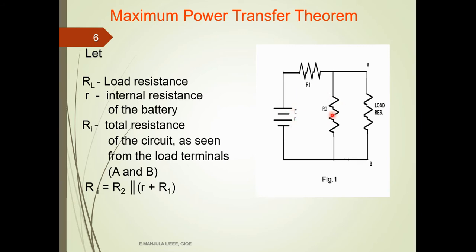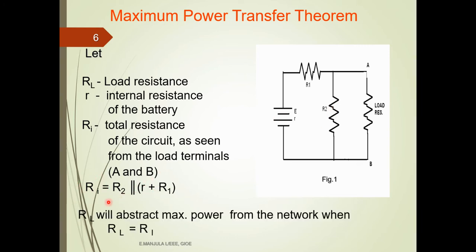When finding the total resistance, R1 and R will be in series, and R2 will be in parallel with these two series components. So R2 is in parallel with R plus R1, and that is the total resistance. RL will abstract maximum power from the network when RL is equal to RA.